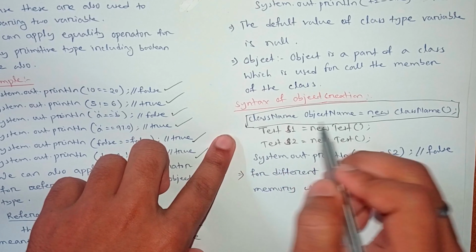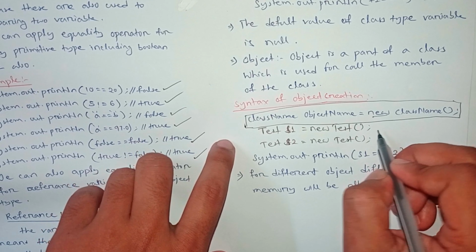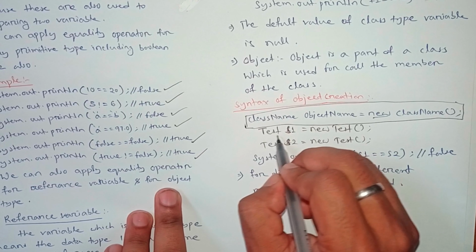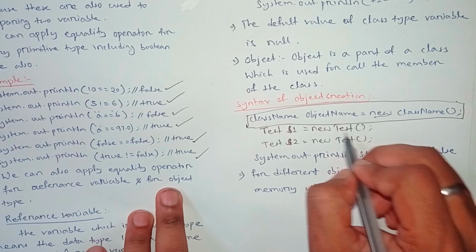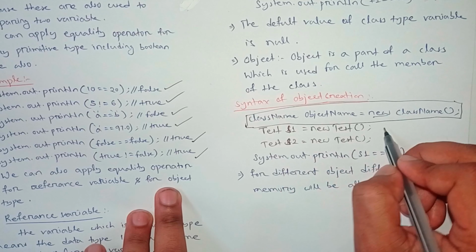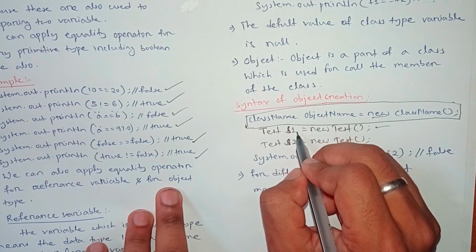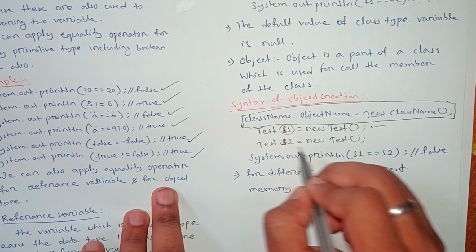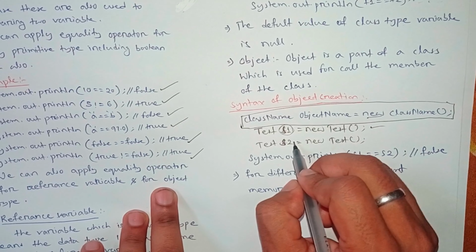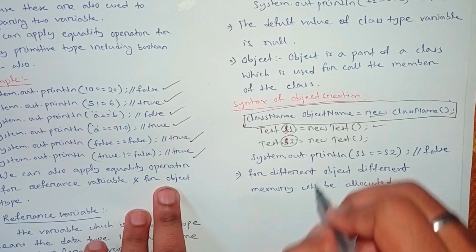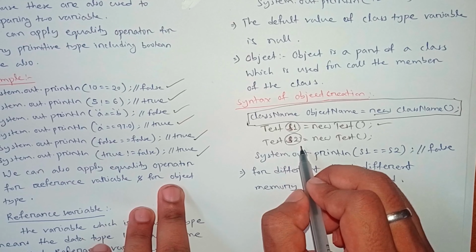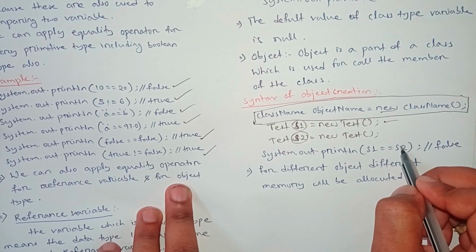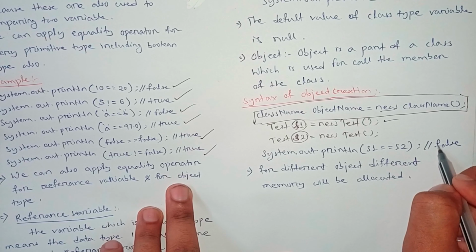How to create an object? See here, I have created two objects. Let Test be the class name. Test s1 equal to new Test is one object, and its name is s1. Another object is Test s2 equal to new Test, and its name is s2. If we compare by using the equality operator, System.out.println s1 equal to s2, the output will be false.